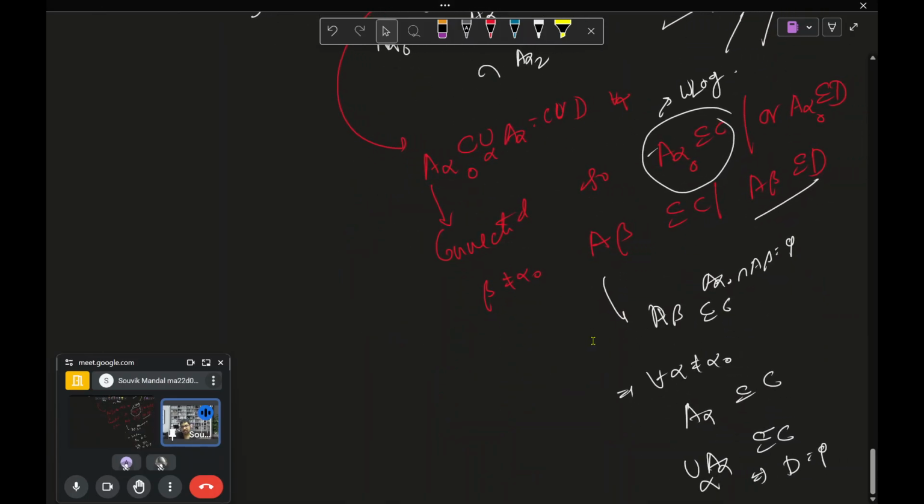So if A alpha naught is a subset of C, then all other A alphas will lie entirely inside C, and this gives that the union of A alpha is equal to C only. So it implies D is equal to the empty set, right? So this is the contradiction.